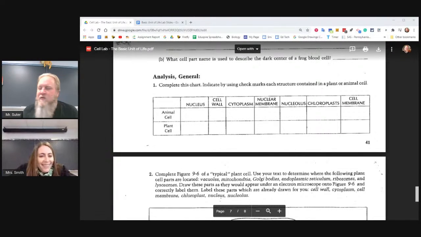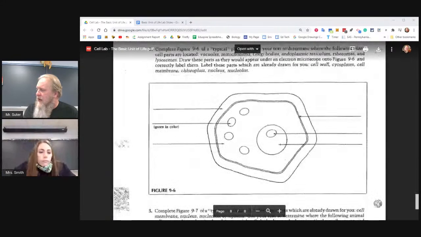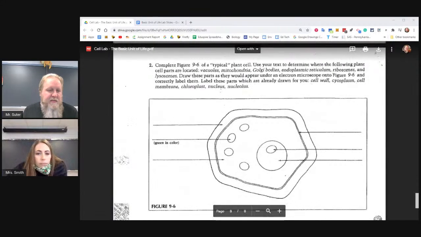The analysis part of this we think you can do. The first thing is just whether it is animal or plant. I think at this point, if you've been following along with us, you know that plants and animals have all the same parts, except for the cell wall and chloroplast in the plant, and the centrioles in the animal. We think you can get that. On this last part, it wants you to label the cells and draw in some cell parts.